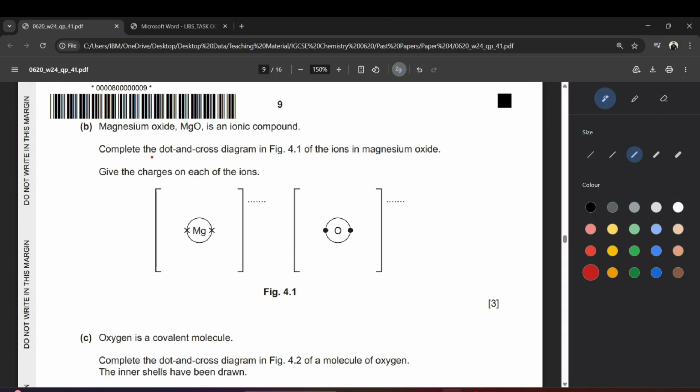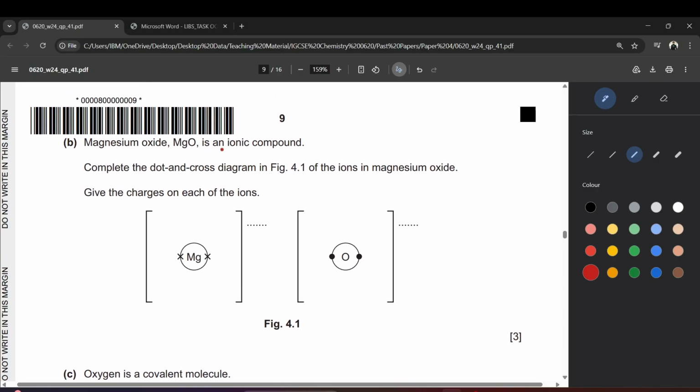Part B: magnesium oxide, MgO, is an ionic compound. Complete the dot and cross diagram in figure 4.1 of the ions in magnesium oxide. Give the charges on each of the ions. So if we look at magnesium, originally a magnesium atom has 12 protons.